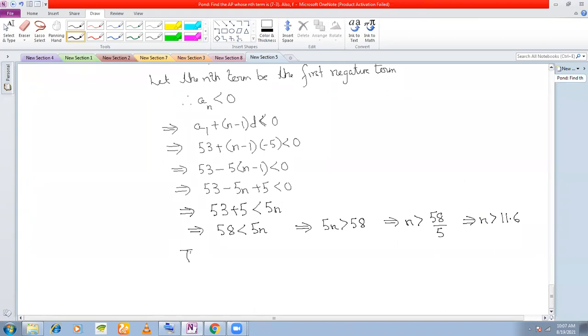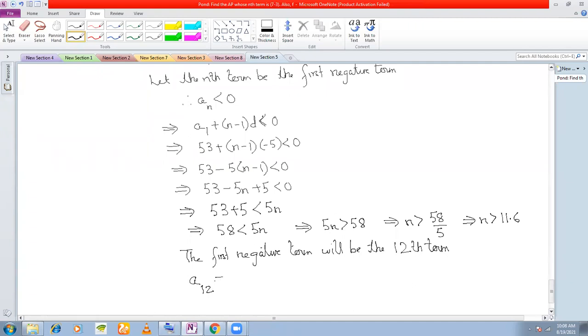That means the first negative term will be, after 11.6, the first natural number, 12. Be the 12th term, right? So what is that negative term? Find out.